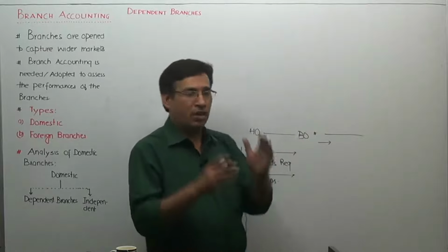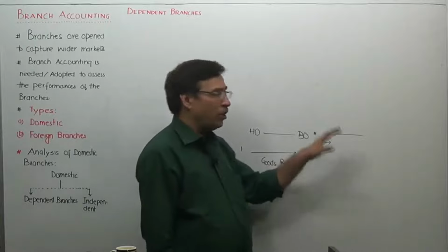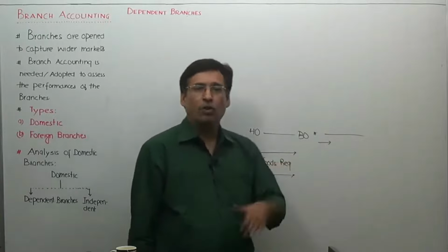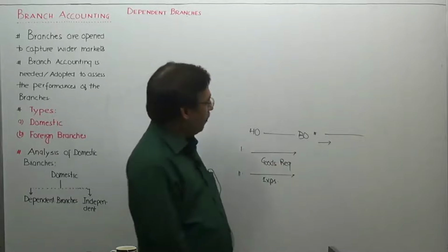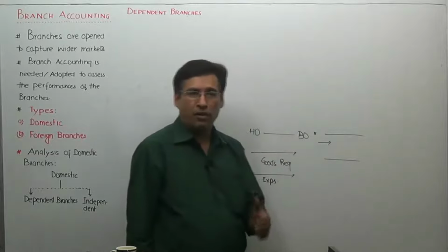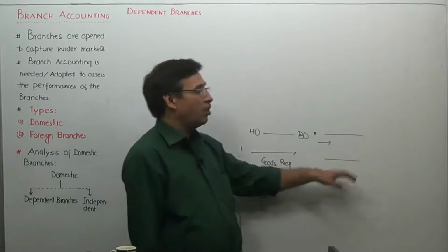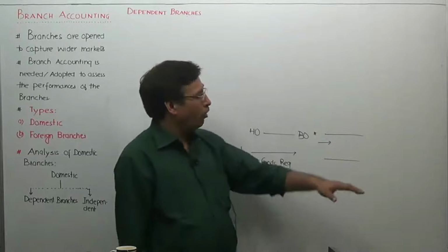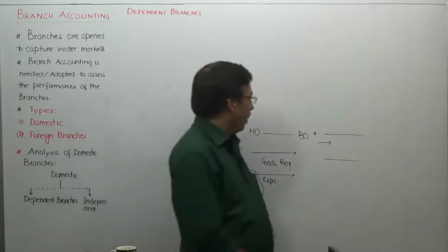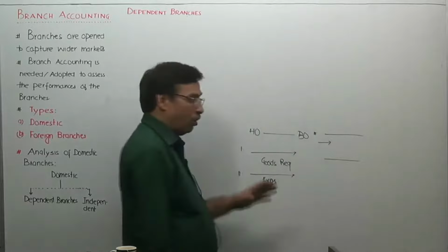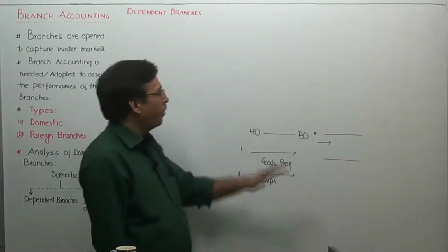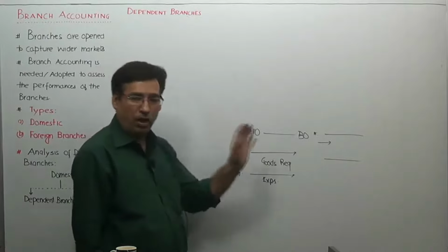The branch manager is just supposed to obey the orders and implement these directions to the best of his knowledge. All the policy decisions will be in the hands of the head office, and the branch is just expected to execute those decisions to the best of its knowledge. That is the meaning of complete dependence. Is it clear to you? So dependent branches means the branch is completely dependent upon the head office.